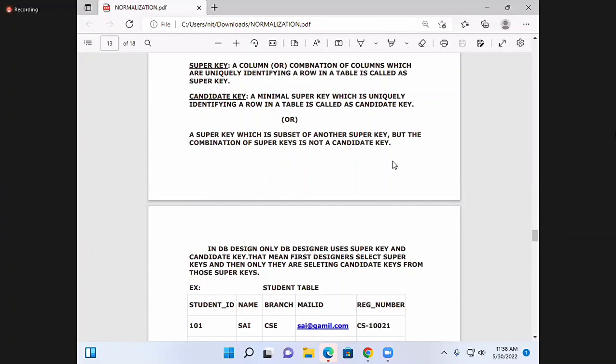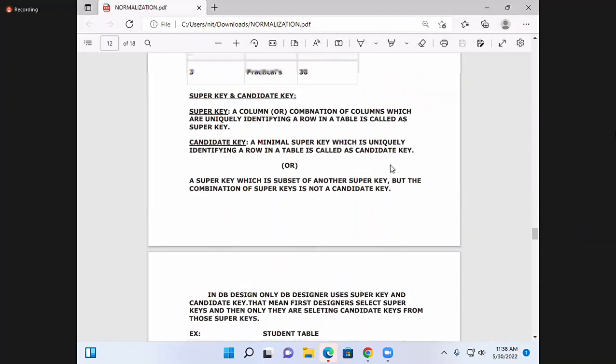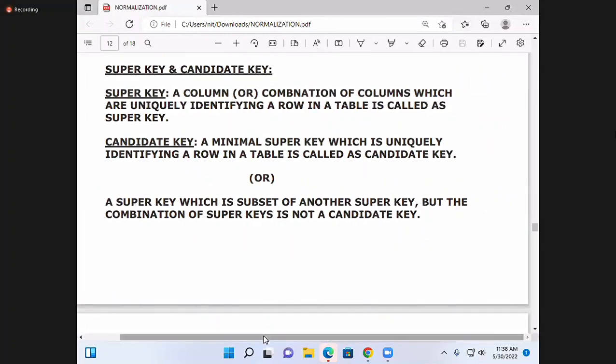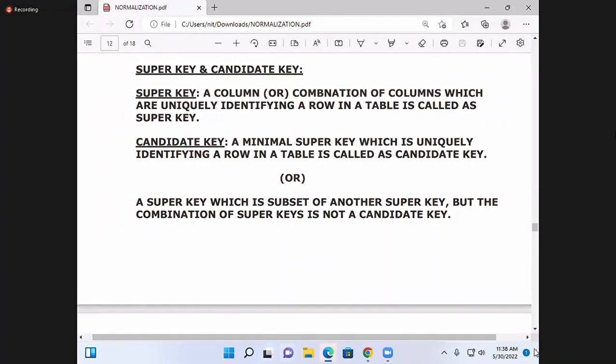In the last session on Friday, we discussed super key and candidate key definitions. What is a super key and what is a candidate key? A super key is a column or combination of columns that uniquely identifies your rows.